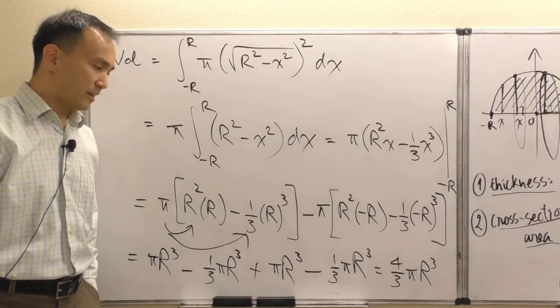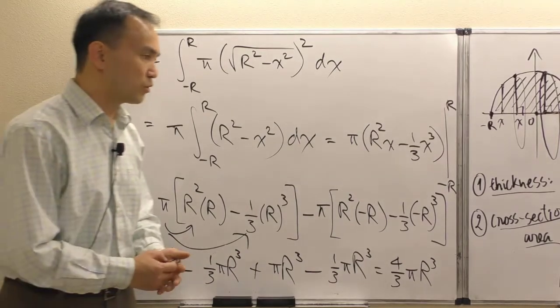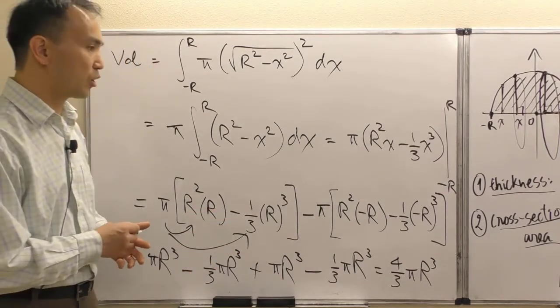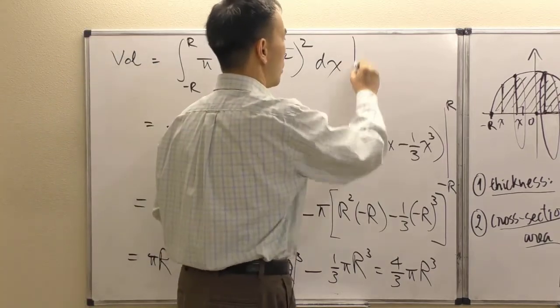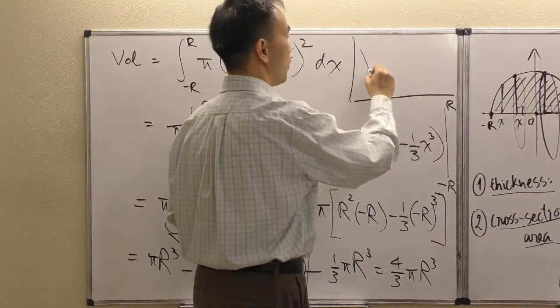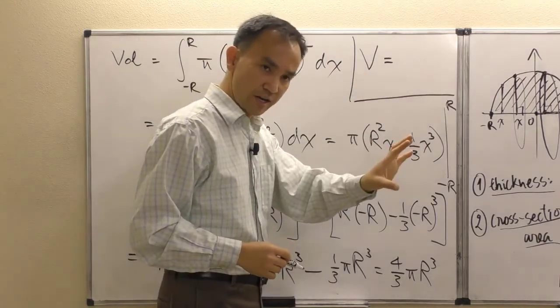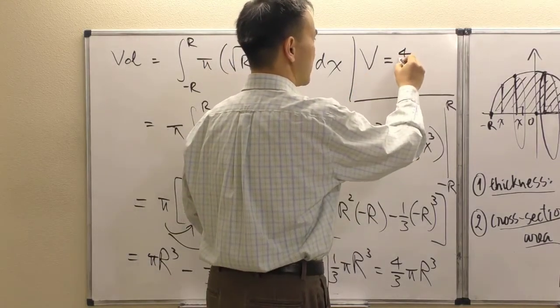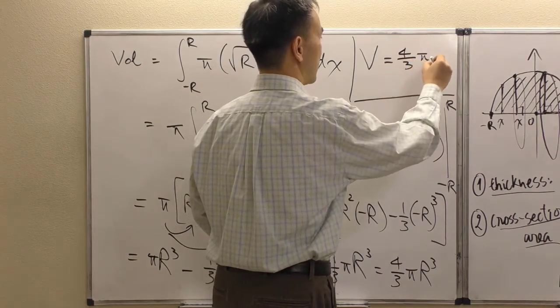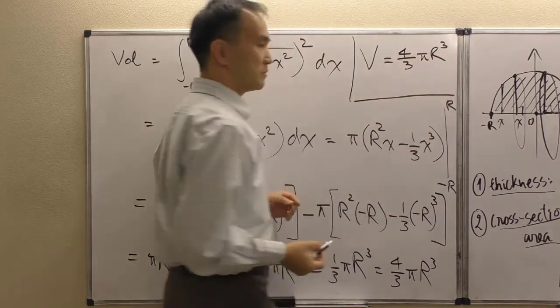All right, so now, ladies and gentlemen, what was our goal initially? Our goal is to find out why or how the volume of any sphere at a given radius is 4/3 pi r cubed.